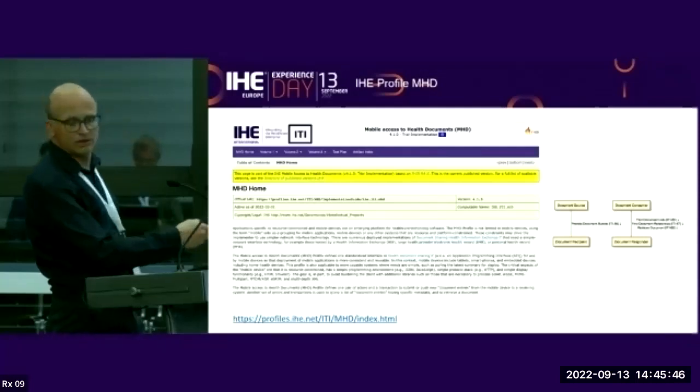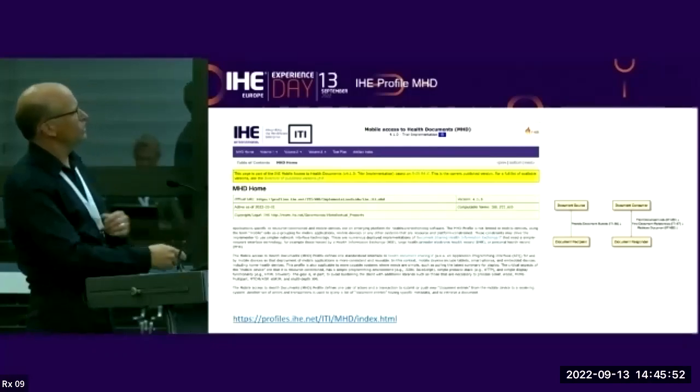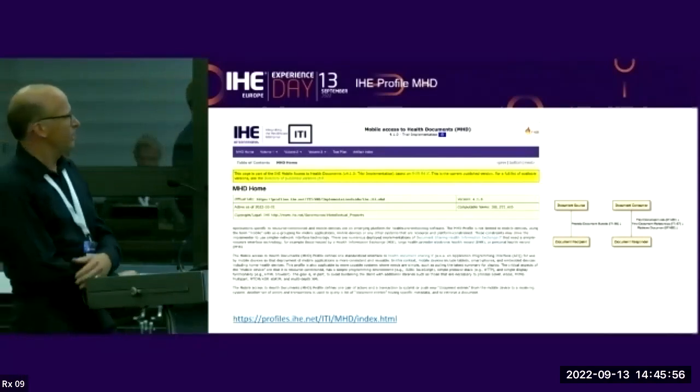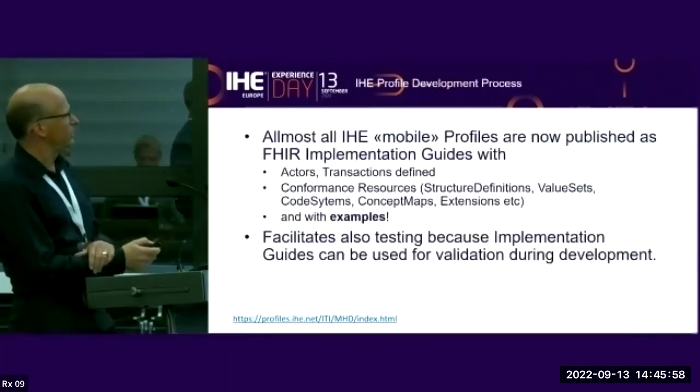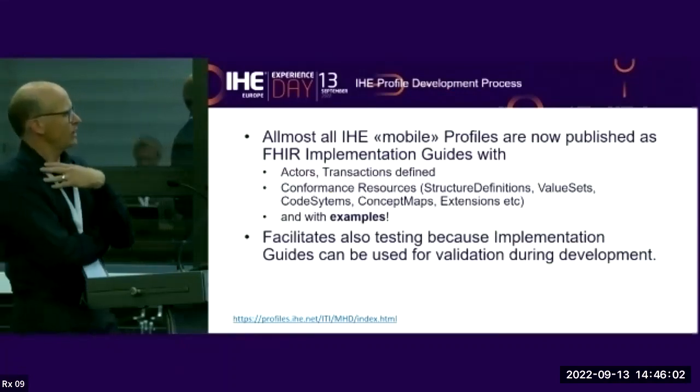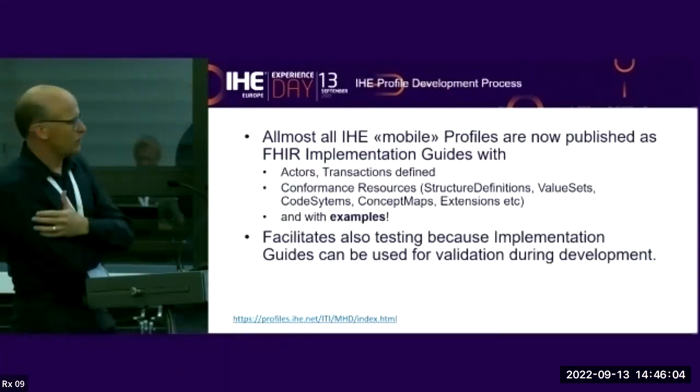And we still have the same structure, so we still keep volume 1 where you have the actors definition, you see them down here, then volume 2 which defines the transactions, and volume 3 where you have the content. But what you get in addition with it is conformance resources.